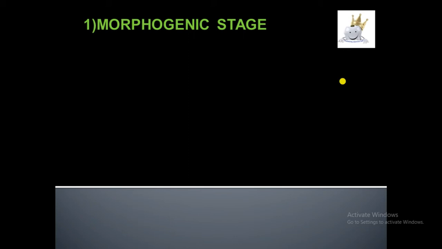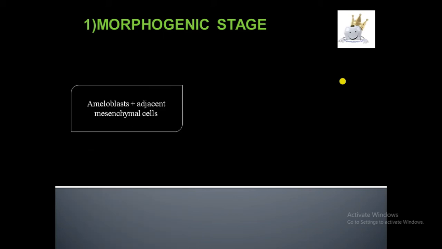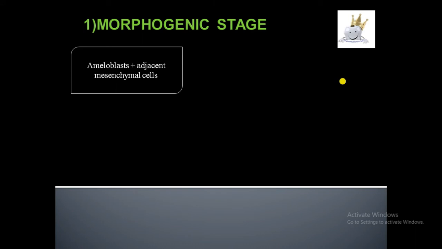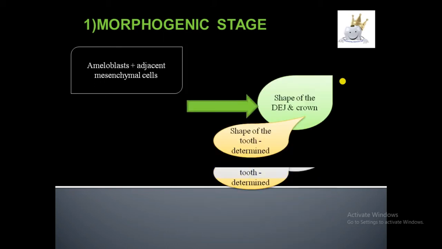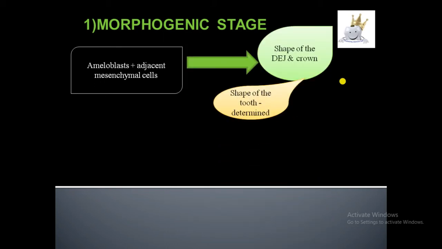From the term morphogenic, there is something which is differentiated in the shape of the enamel, right? Morpho, it is which determines the shape, right? When the ameloblast cells interact with the adjacent mesenchymal cells, the shape of the tooth is determined.